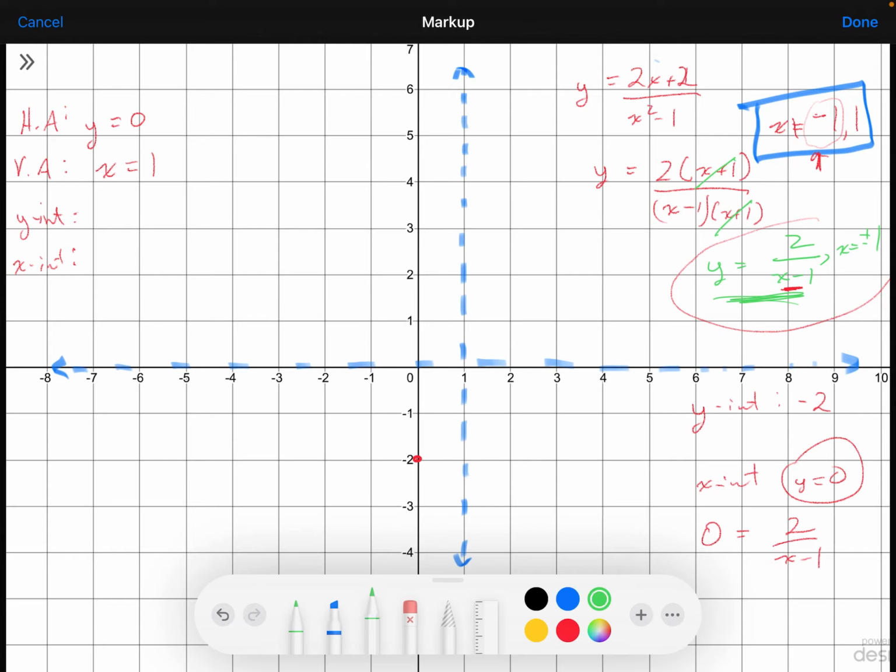Or you can ask yourself a simple question. The left-hand side is equal to 0. The right-hand side is only 0 in one specific case: when the numerator is equal to 0. When is 2 equal to 0? Never. So this actually has no x-intercepts, or no zeros, as I like to call them. That's my preferred word.